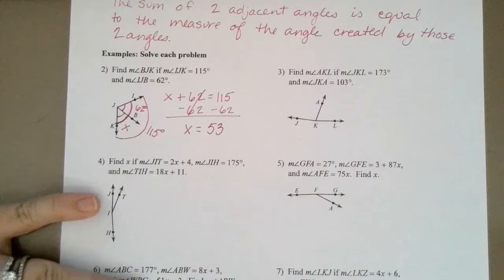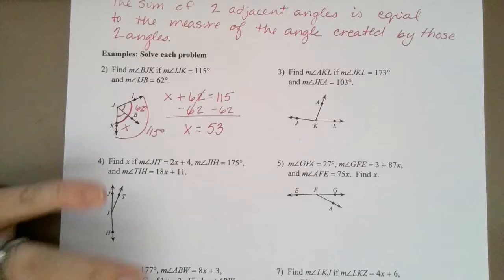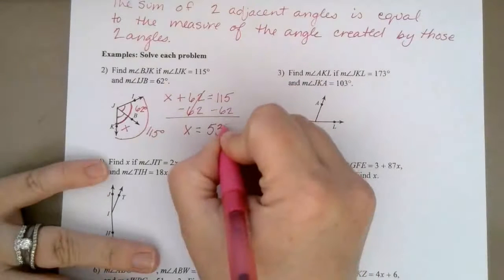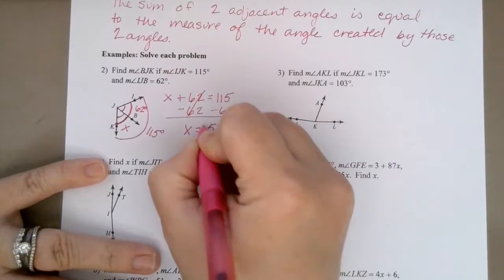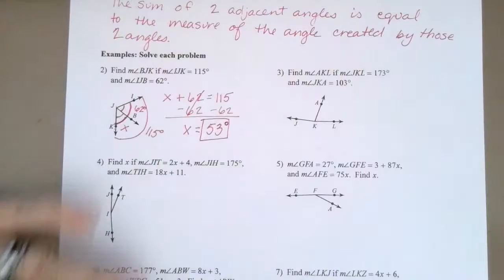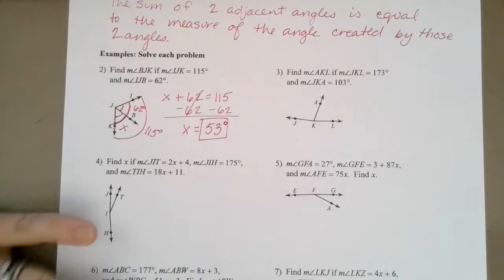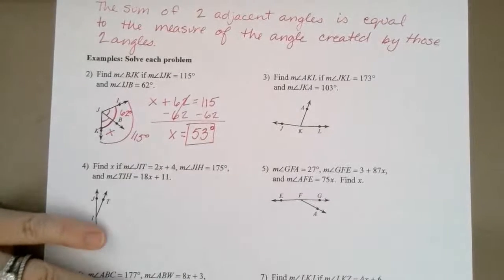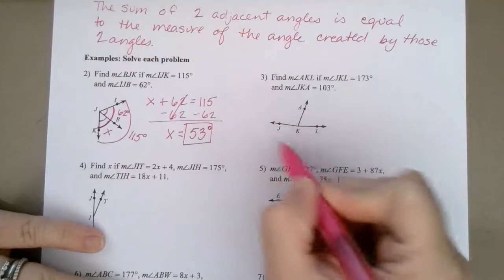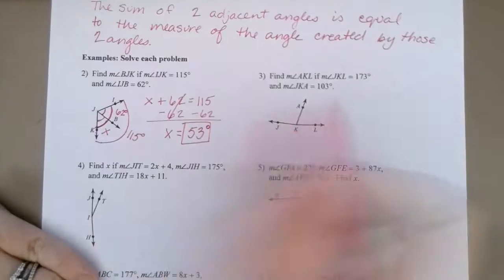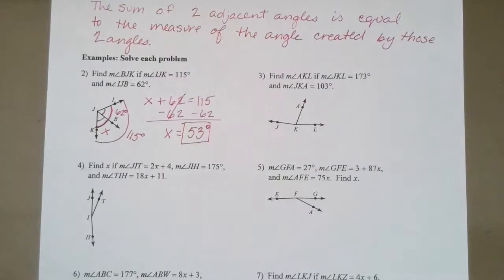I just found X, but what is X? What's it representing? It's representing an angle, isn't it? Therefore, that X is not just 53, but it's 53 degrees because it's the measure of angle BJK. The angle addition postulate. It's pretty much the same thing as the segment addition postulate, just dealing with angles. Okay? All right, see if you can label the picture in number 3 and find the measure of angle AKL.